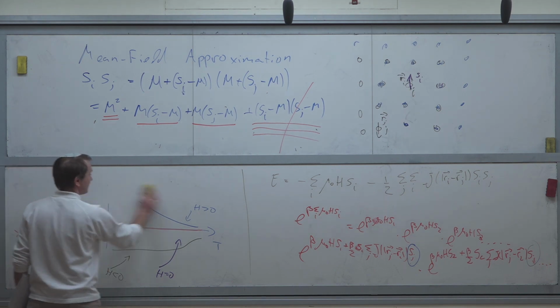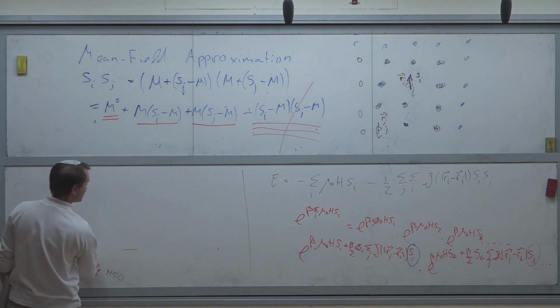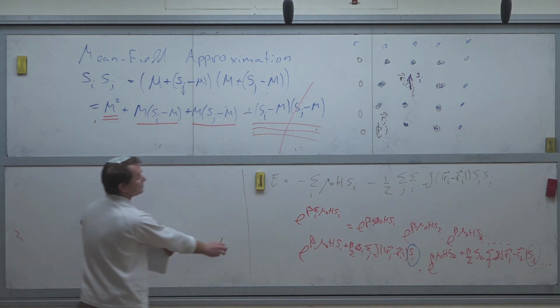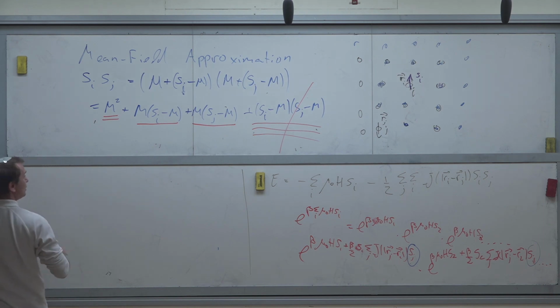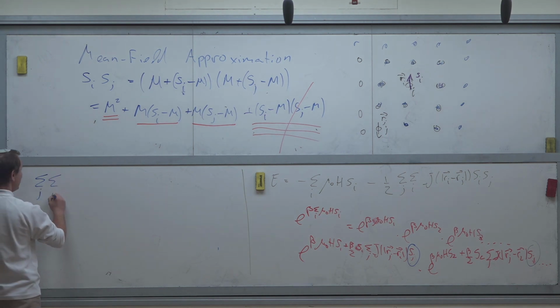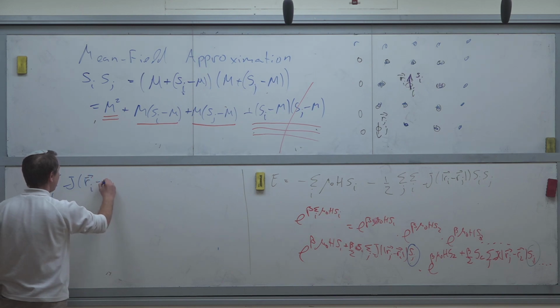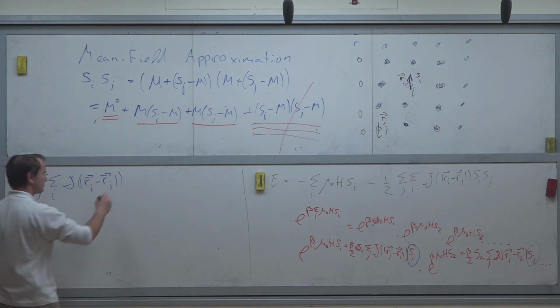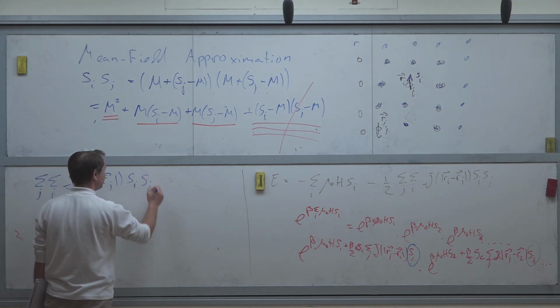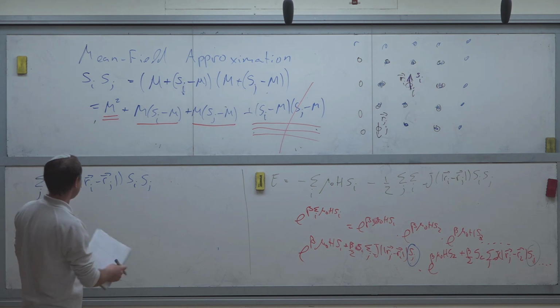Okay, so we are now going backwards to our interaction term. So what is the interaction term? Let's write it down as a sum over j, sum over i, j of Ri minus Rj, something something, Si Sj.